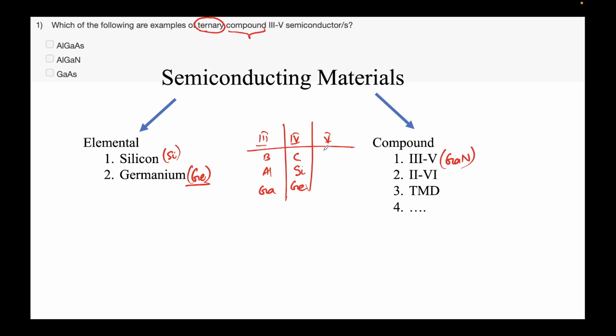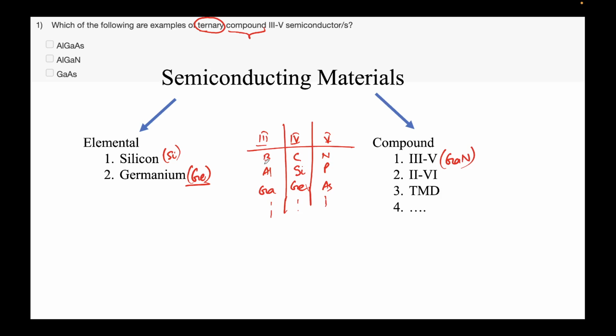And on this side you will have nitrogen, phosphorus, arsenic, and so on. Okay, so among elemental semiconductors, carbon is not a semiconductor. If you recall, it forms equivalent bonds, non-metal.